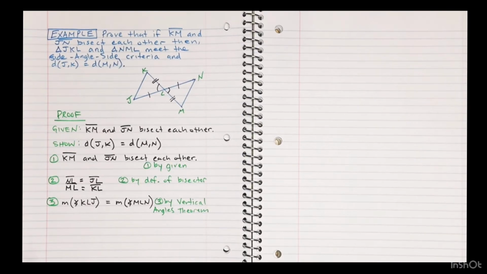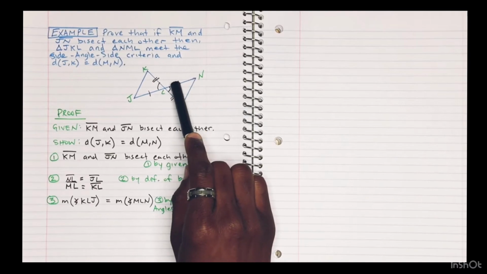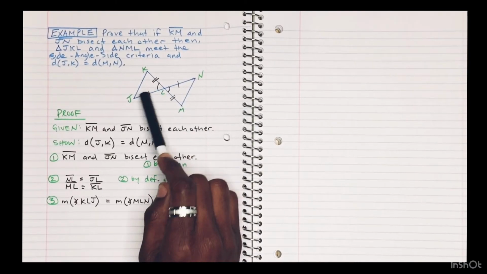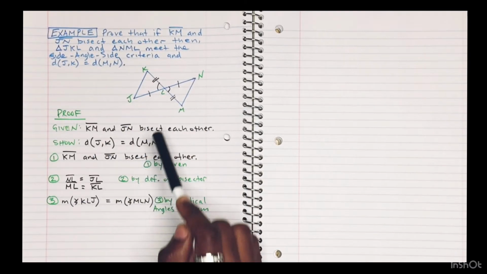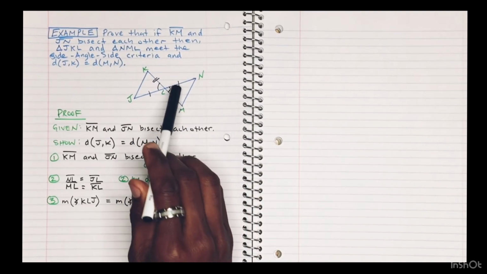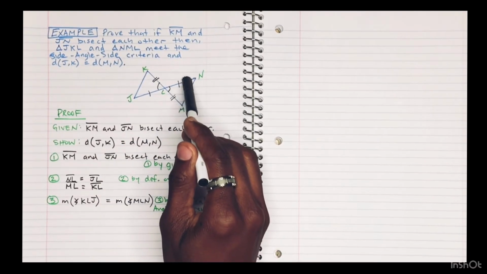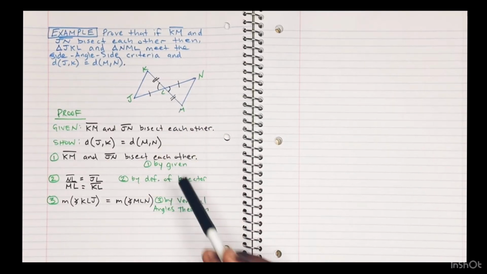So now we see we have two triangles. This side is equal to this side. This side is equal to this side. And then we have an angle that's equal to another angle. So in geometry, we call this side, angle, side.